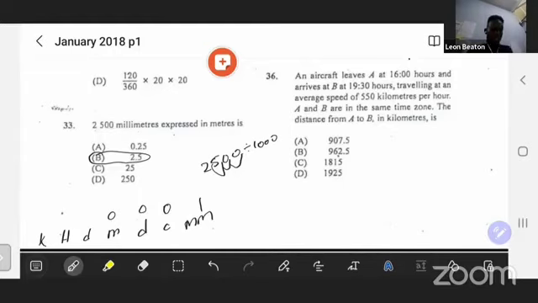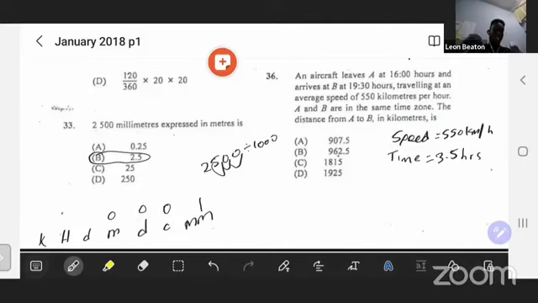okay. So we have to find the amount of time taken. They want us to find distance. They give us the speed as 550 km per hour, and the time they took, if they left at 1600 hours and reached at 1930, they said it's 3.5 hours.